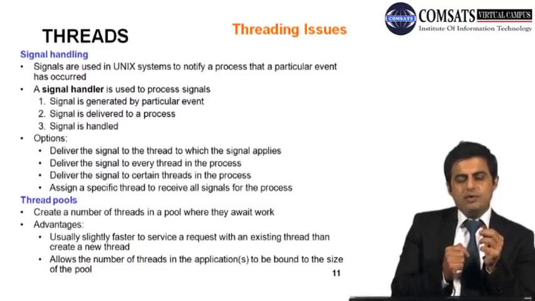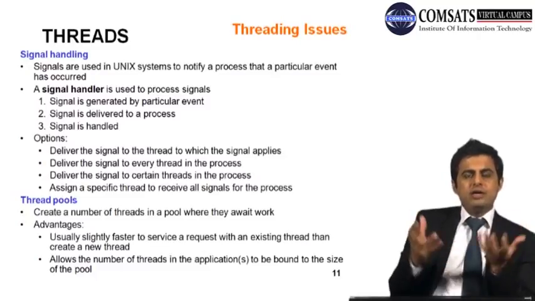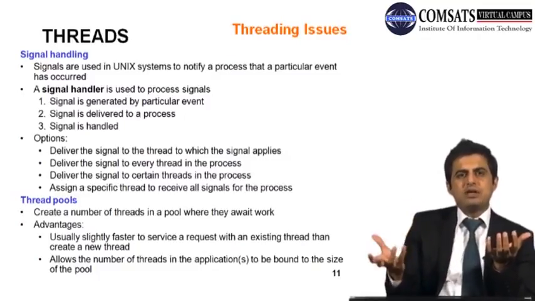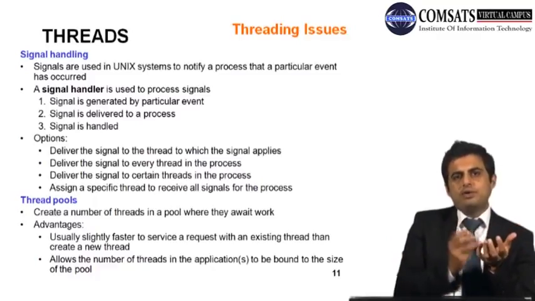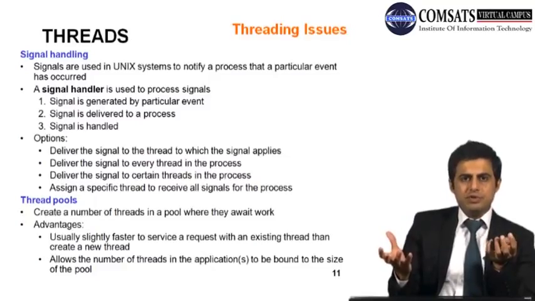So when you have got an existing thread and उसके अंदर जब सर्विस हो रही है तो उससे ज़्यादा फास्ट ये है कि to service a request with an existing thread than create a new thread, कि pool के अंदर जब threads मौजूद हैं and you want a specific task to happen, then you have got full control that you can take one thread out of the pool and you can ask it to do that function for you.